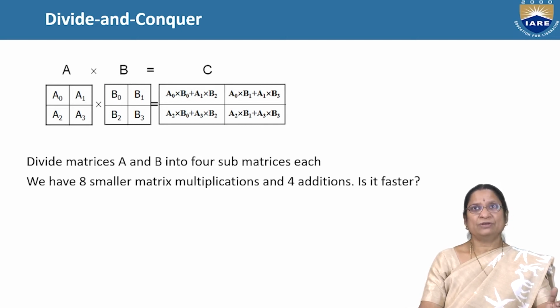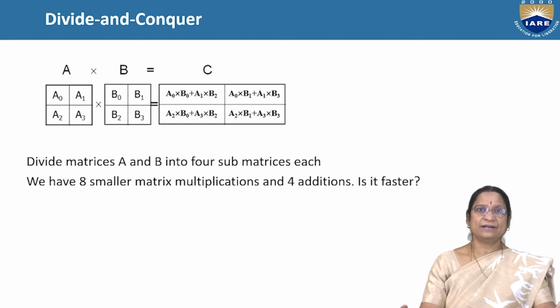When we multiply two matrices of small order, if the n value is small, there may not be much difference. But if n keeps increasing, for practical applications where n is 50, 100, a 100 by 100 matrix or 200 by 200 matrix, especially in certain scientific applications, the time taken for such multiplications will be very, very high.